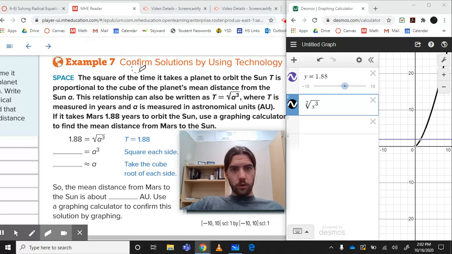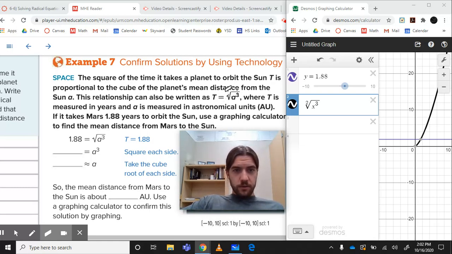Okay, and that would be confirming this measurement using a calculator. That's what they're saying we're doing. We're confirming a solution. The solution has already been found. Through investigations into physics, it has already been determined that this is a true statement about the motion of planets, and orbiting bodies more generally.